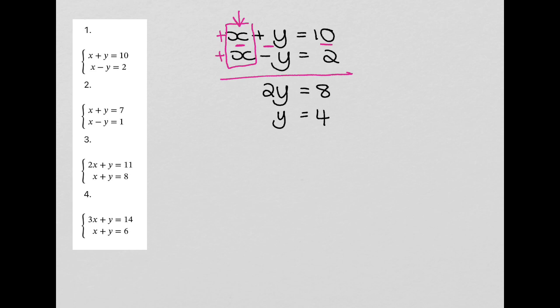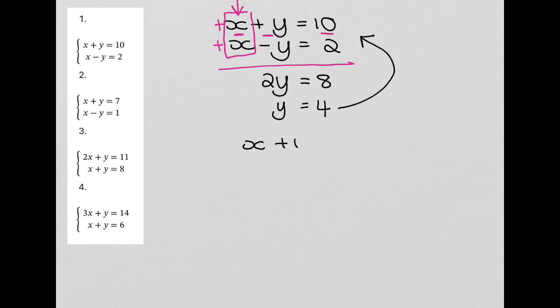So I've done match, I've done das, and the last step is top. And what I mean by top is you put that back into any of the top equations. So let me go with the very top equation. x plus y equals 10. But what did I just figure out? I have just figured out that y is 4.